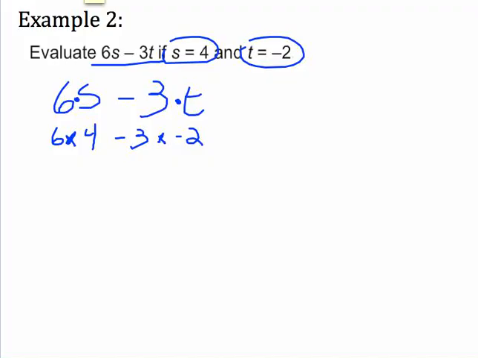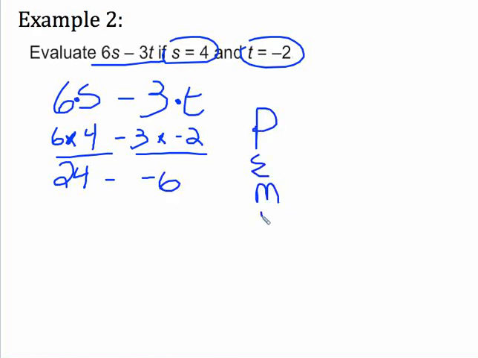So 6 times 4 I know is 24, and then 3 times negative 2, that's negative 6. So again, I use my order of operations. But I saw that the only operations I had are multiplication and subtraction. So I know I can go through and do all my multiplication at the same time, but I can't subtract until I've multiplied both of my terms.